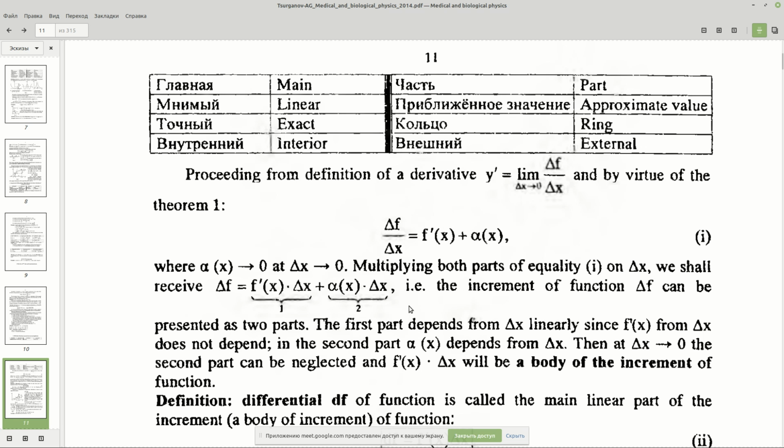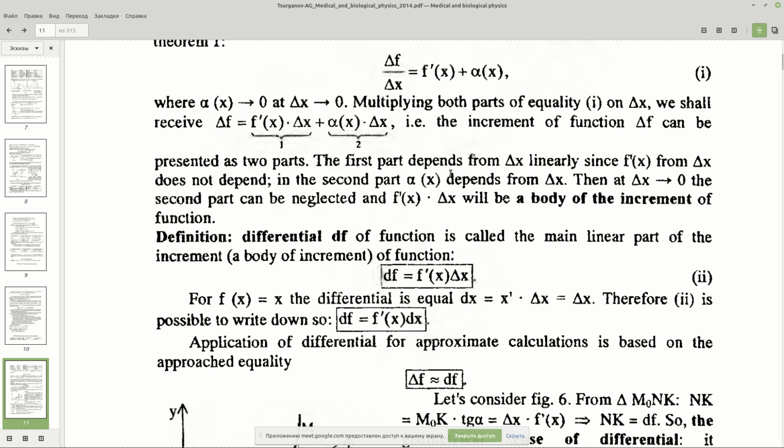So the definition: the differential df of the function is called the main linear part of the increment of the function. So df equals f prime of x multiplied by delta x.